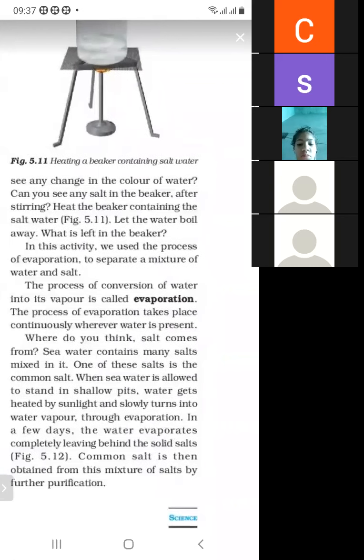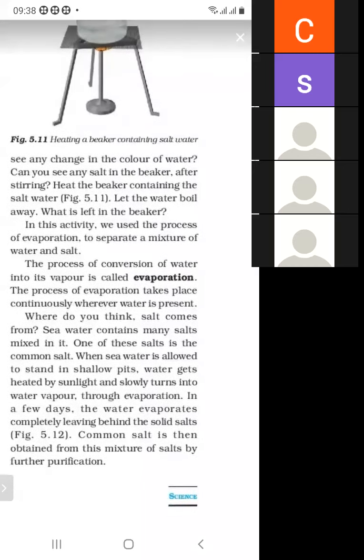When we heat the beaker and increase the temperature, the evaporation rate also increases. So with the temperature, the evaporation rate increases.